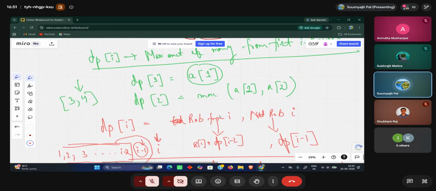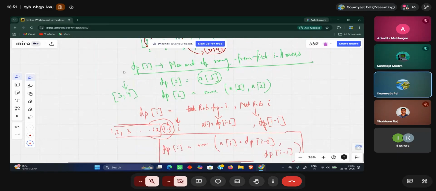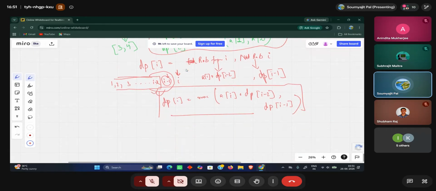So this was my state transition. My base cases are also done. And now what was my goal? My goal is the maximum amount of money I can get from the first n houses. So this is my goal, dp of n. Okay, let's look at the code.